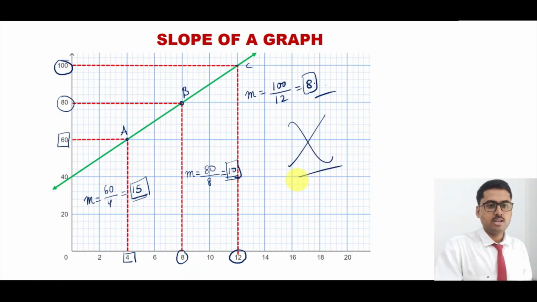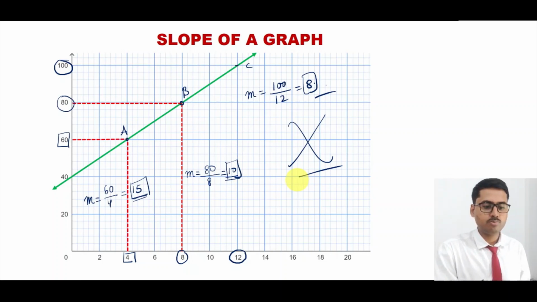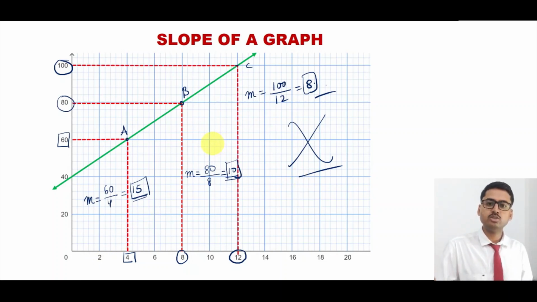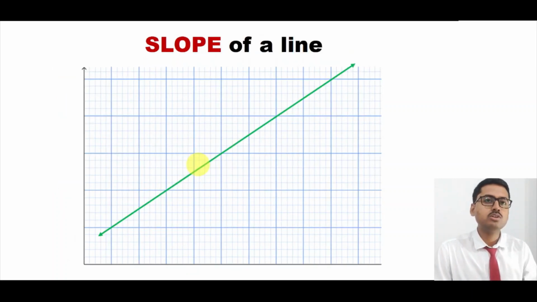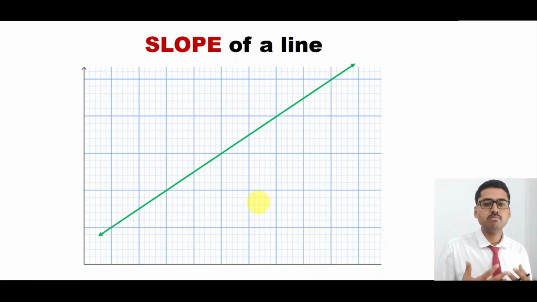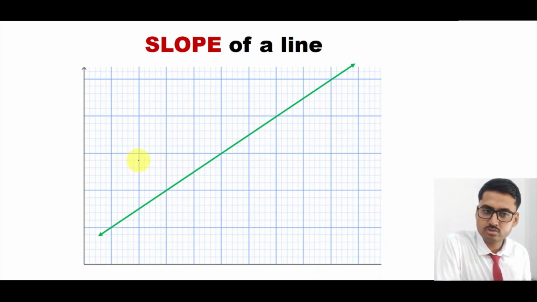So for a graph starting from 0, you can choose this shortcut y by x, but where the graph is not starting from 0, we need to find it in a different way. So let us learn the correct method to find the slope of a line. So we have a general line like this in the first quadrant.